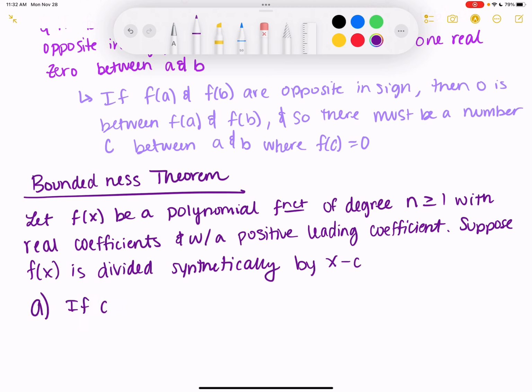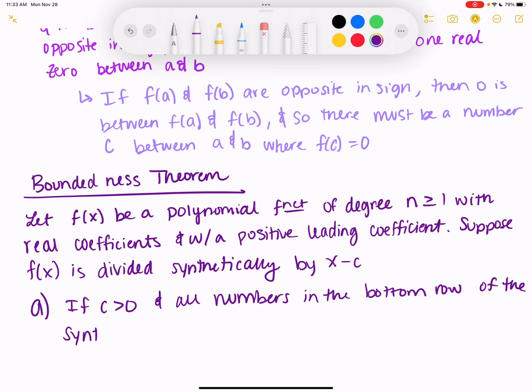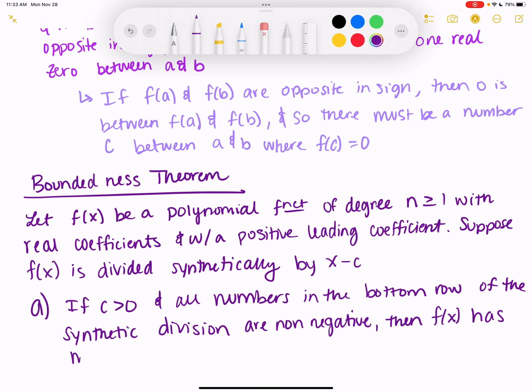If c is greater than 0 and all numbers in the bottom row of the synthetic division are non-negative, then f of x has no zero greater than c.